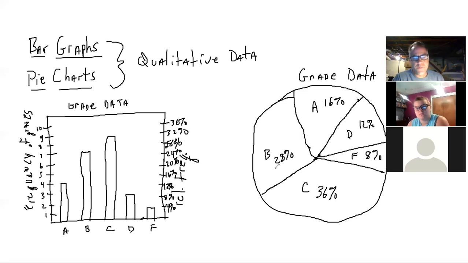So again, two types of visual displays we can use for qualitative data: bar graphs and pie charts. Okay, so let's talk about quantitative data and the types of visual displays for those. These we're going to call histograms and line charts.